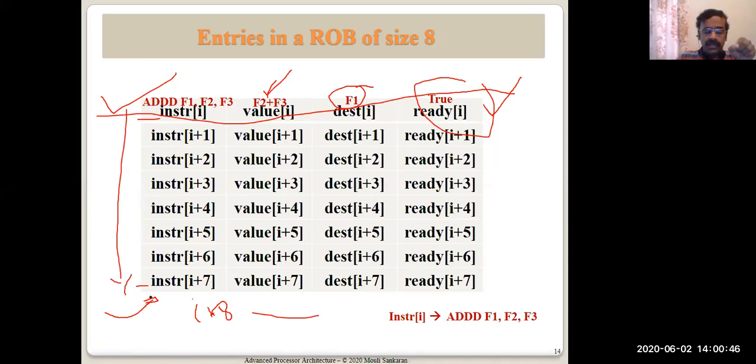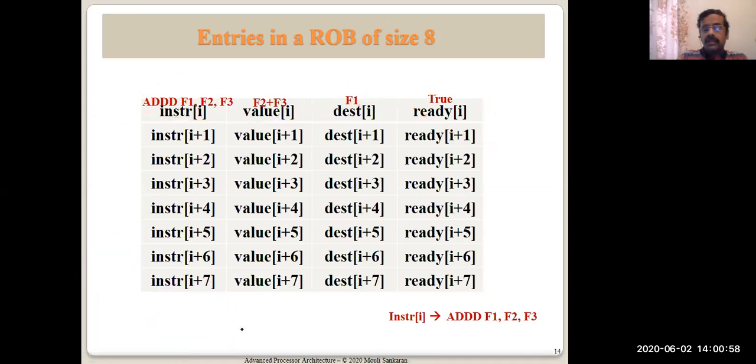Similarly, these instructions can execute without even getting the entry here. But the problem is you will not know in which order it came and where I am supposed to write the result and when. So it has to be entered into the system. If there are 8 locations in the buffer, and the first instruction in the buffer has not found its result, it is still false, that means this unit is still doing it, maybe as a div operation.